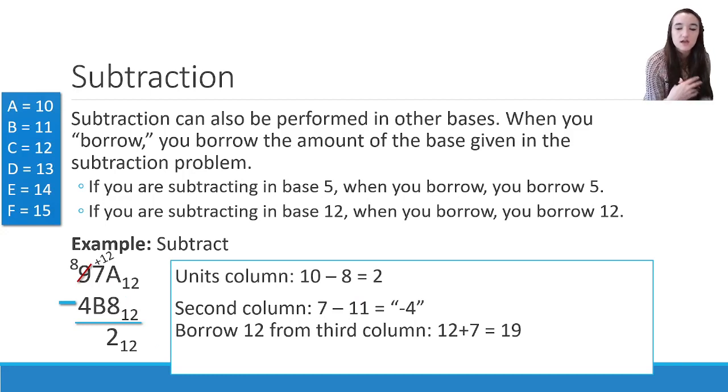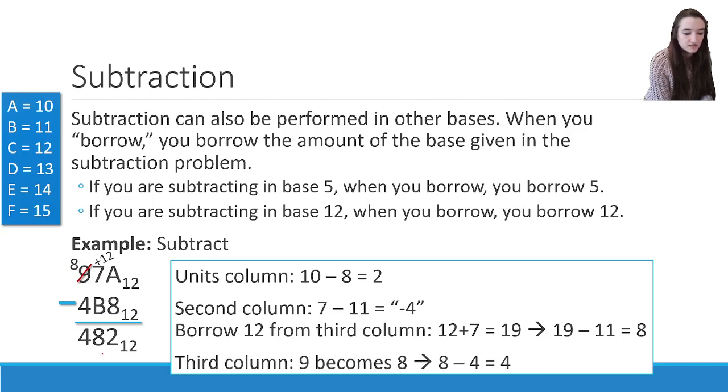It becomes 7 plus 12 is 19. Then 19 minus b, or 19 minus 11, is 8, and I can just place the 8 right there. And then the last column, remembering that we knocked that 9 down to an 8, 8 minus 4 is just 4, and so we can just finish out with 4, 8, 2, base 12.